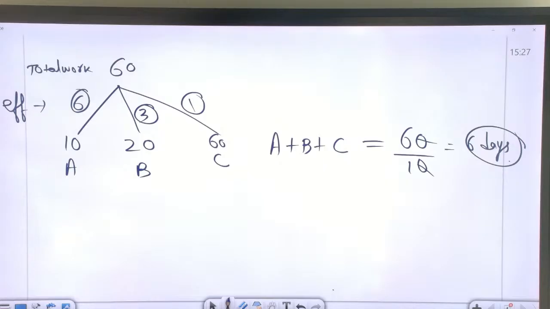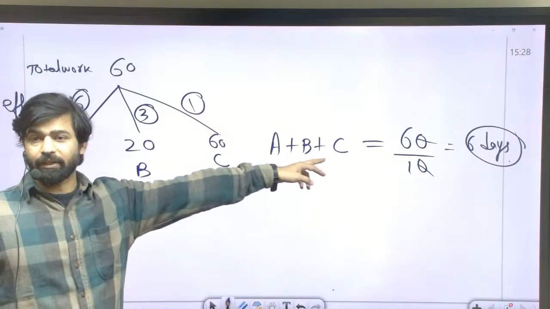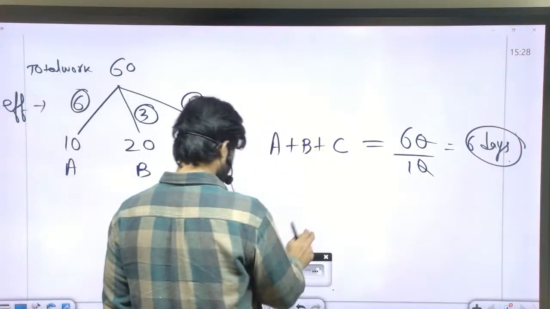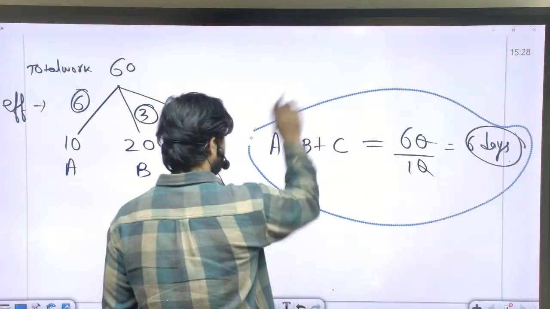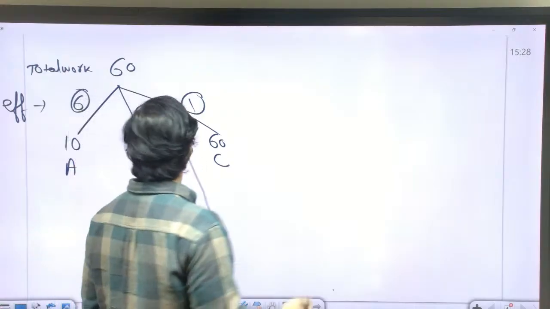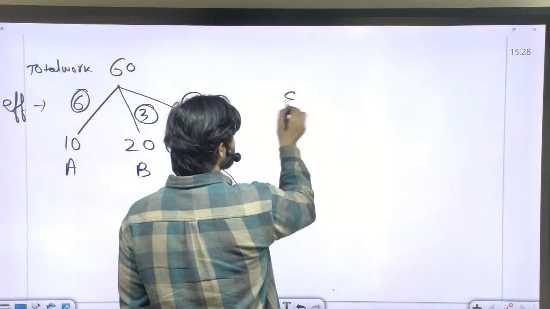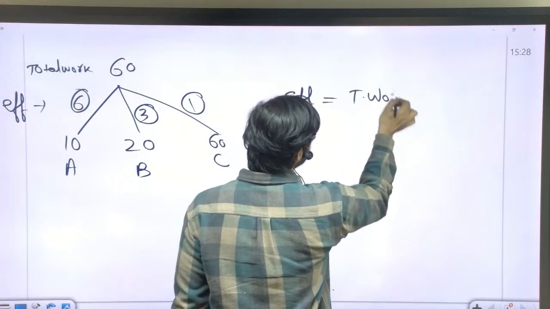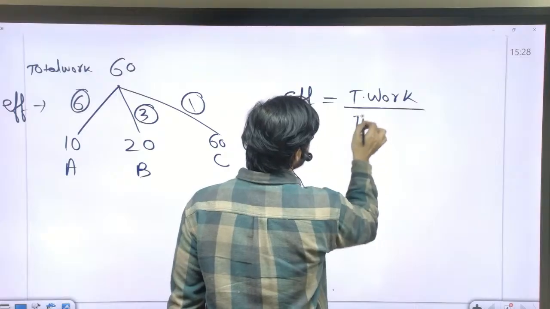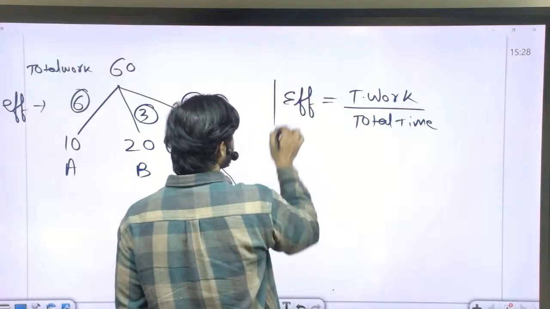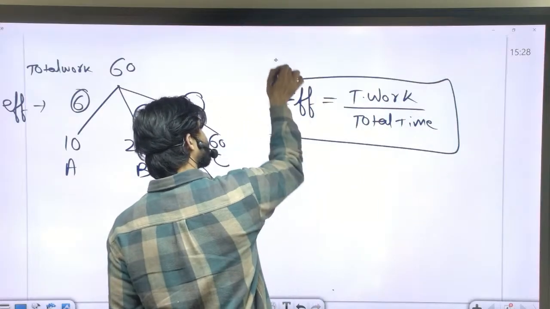Look at the board. I'm writing that A, B, C equals 60 upon 10. Those who were not present in the last class, what is efficiency? Efficiency is total work upon total time. Put it in a box.